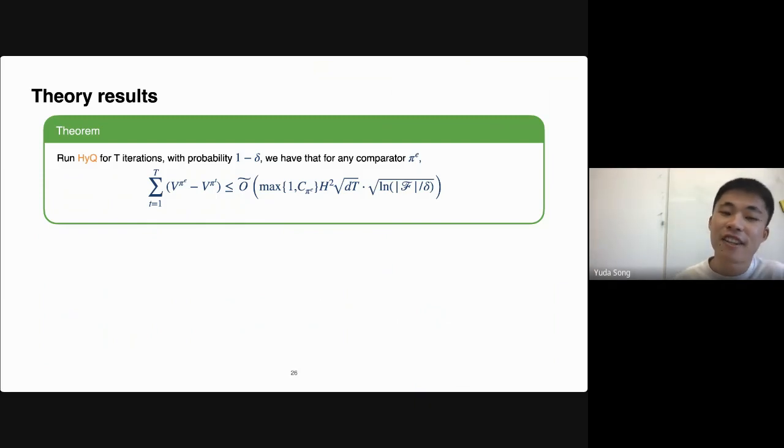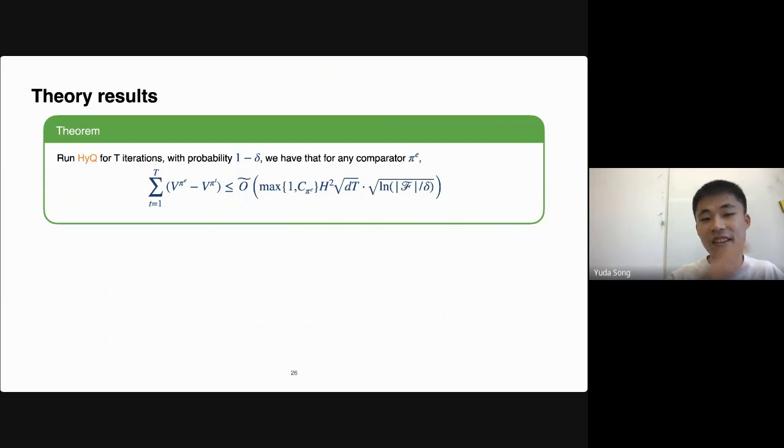If you cross out the coverage part, the max one coverage part, the remaining regret bound is basically the state of the art regret bound in the bilinear classes problem by the bilinear UCB algorithm, but it is not computationally efficient.